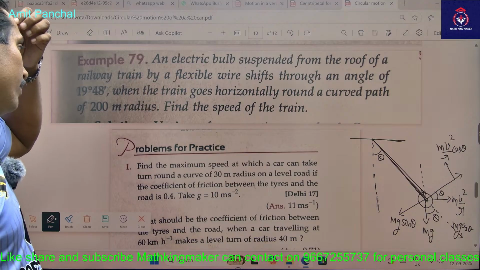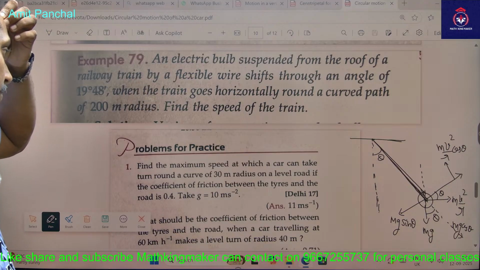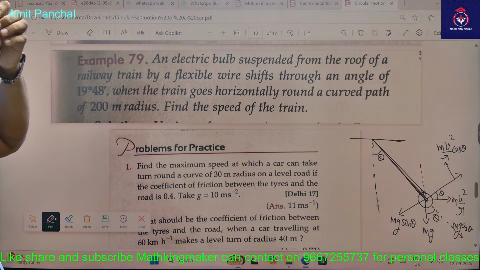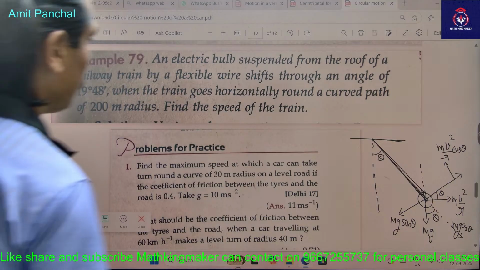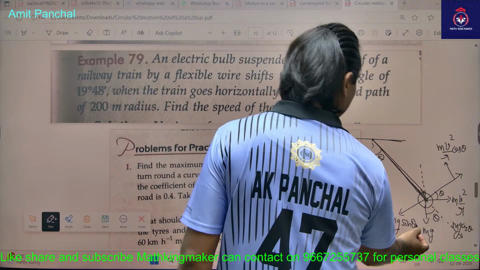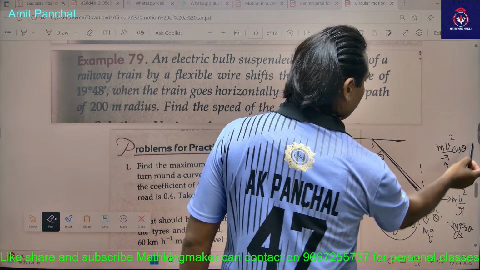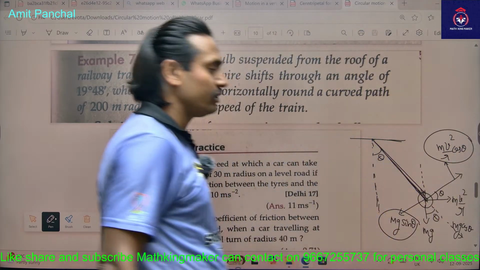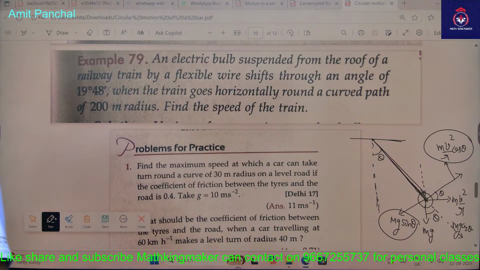And mv square by r sin theta is equal to mg cos theta. So that means mg sin theta will be equal to mv square upon r cos theta.